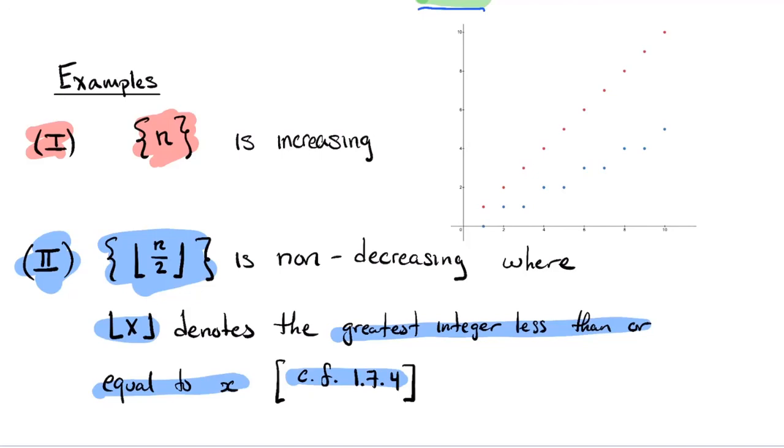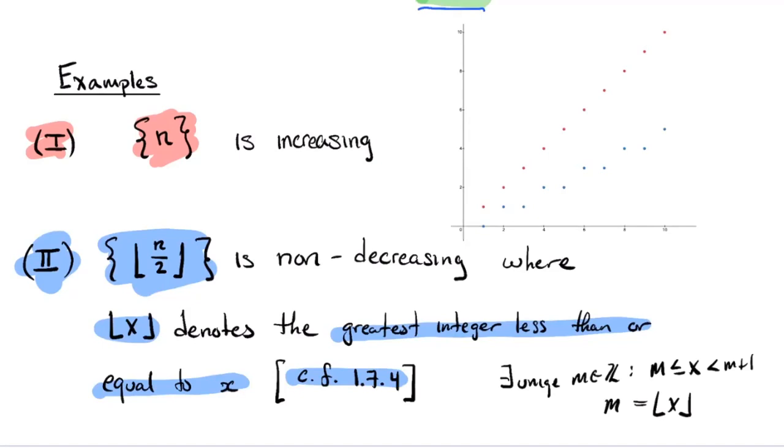You proved that given an x, there's a unique integer m such that m is less than or equal to x, but x is strictly less than m plus 1. And this m is what I'm calling the floor of x.